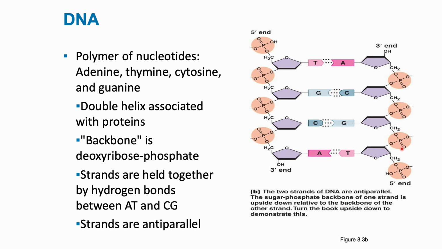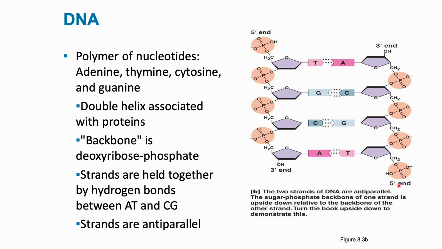And the backbone of each strand is made up of alternating sugar and phosphate groups. So you can see sugar, phosphate, sugar, phosphate, sugar, phosphate. Same here: phosphate, sugar, phosphate, sugar, phosphate, sugar, phosphate, sugar. Notice one is going in a 3' to a 5' direction, while the other goes in a 5' to a 3' direction.